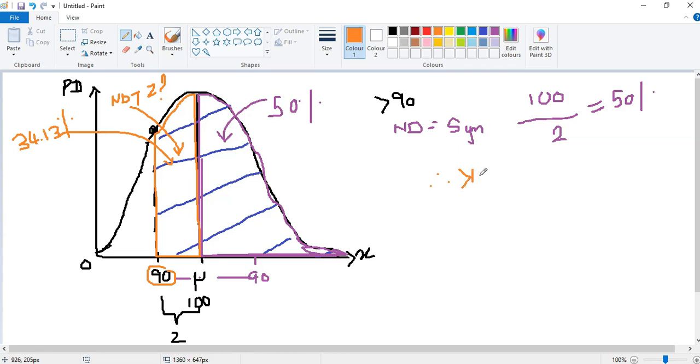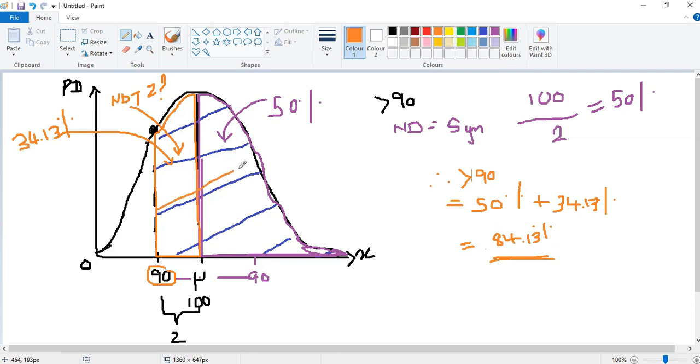Therefore, above 90 is equal to 50% plus 34.13%. Good.